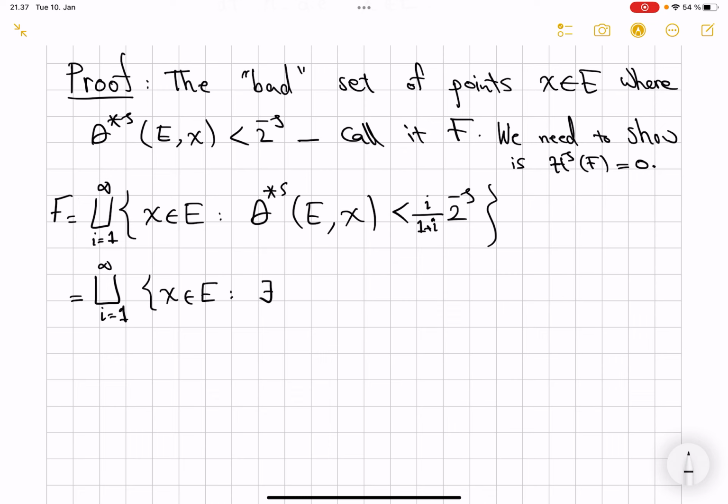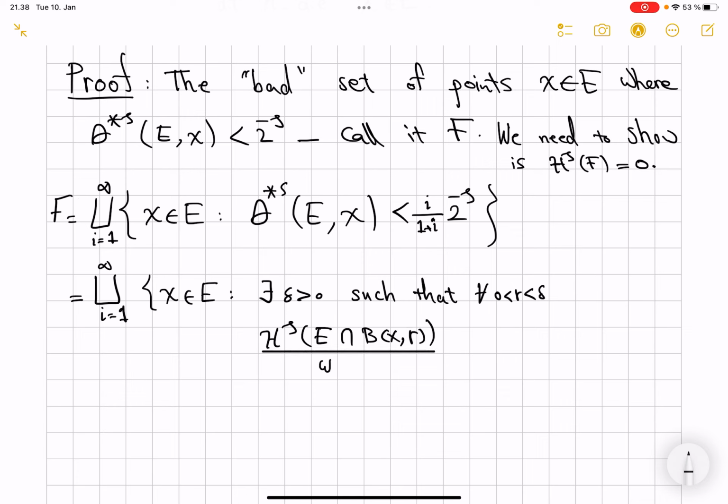there exists some delta positive such that for all small values of r, this fraction in the definition of upper density, H^s of E intersection with B(x,r) divided by omega_s r^s, is strictly less than i over 1 plus i times 2 to the negative s.